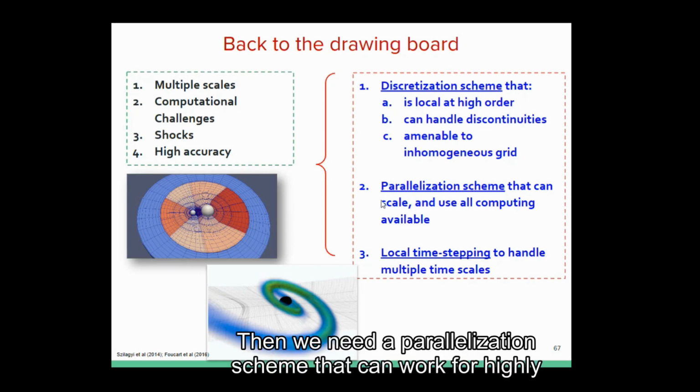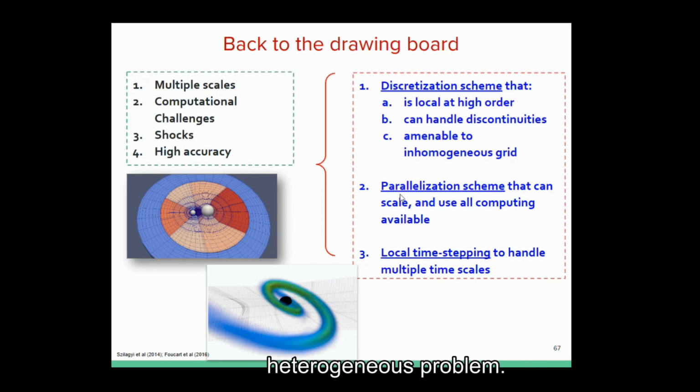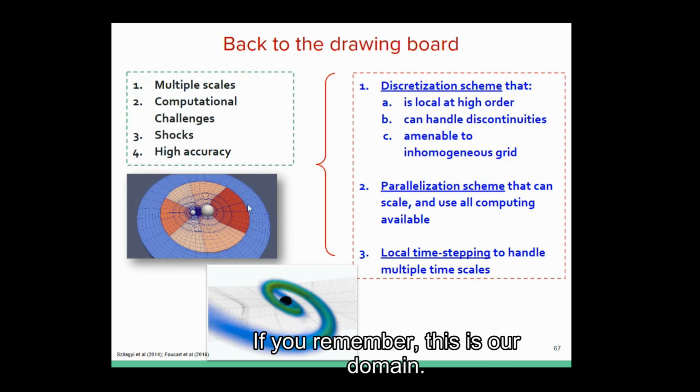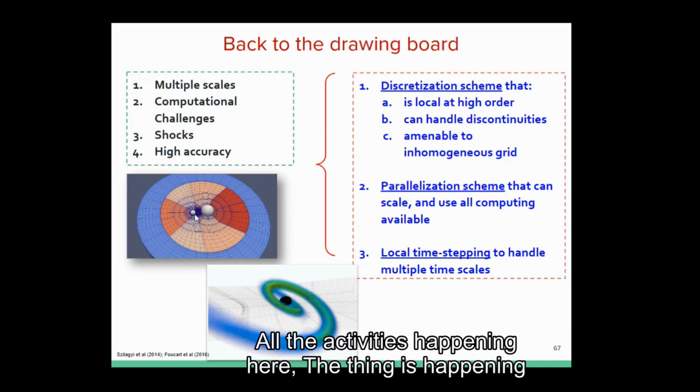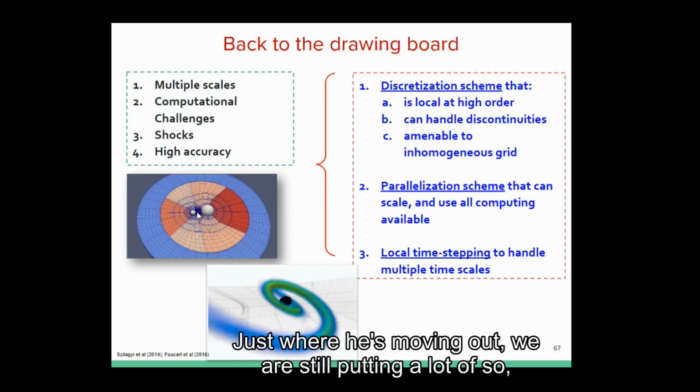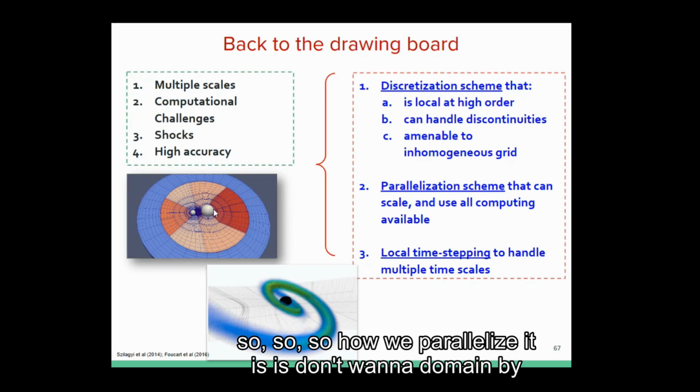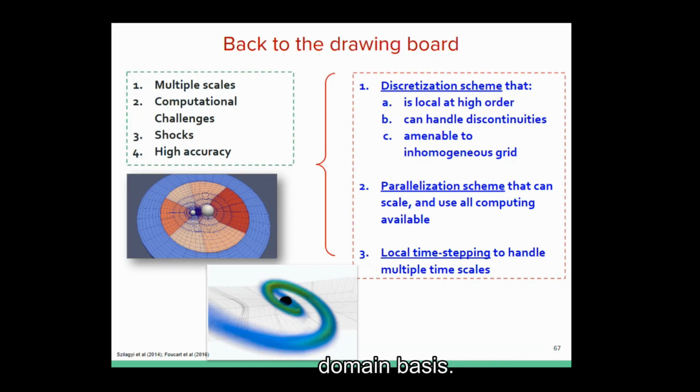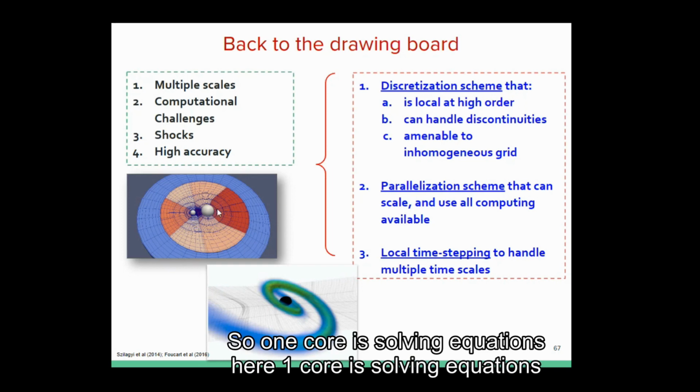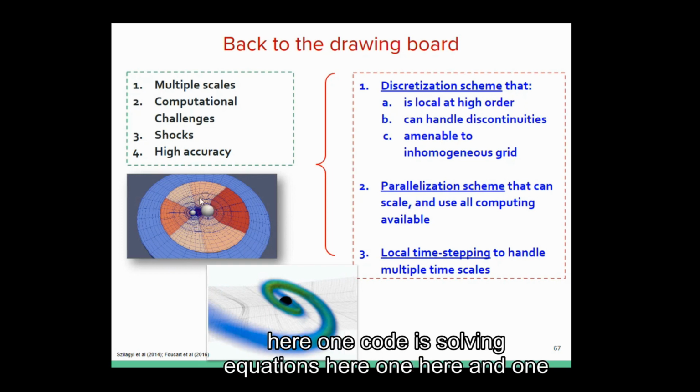Then we need a parallelization scheme that can work for highly heterogeneous problems. If you remember, this is our domain. All the activity is happening here. Everything is happening here. Not much, just waves moving out. So how we parallelize it is on a domain by domain basis. One core is solving equations here, one core here, one here, and so on.